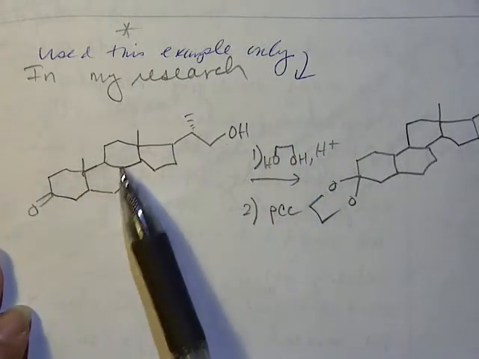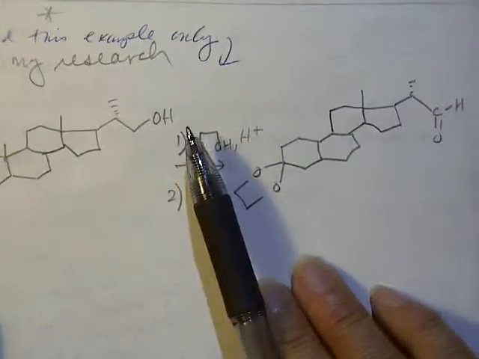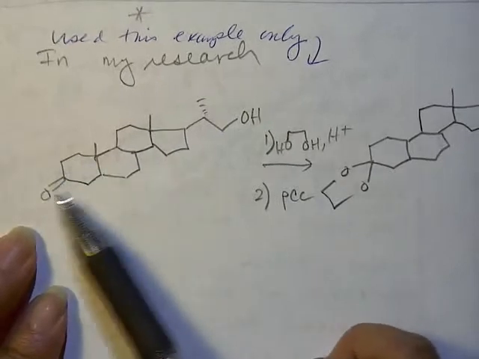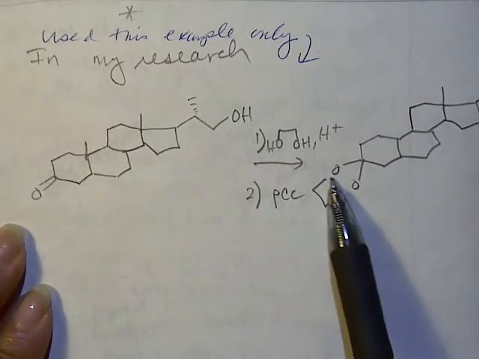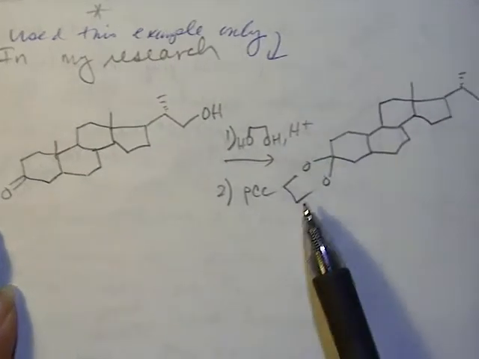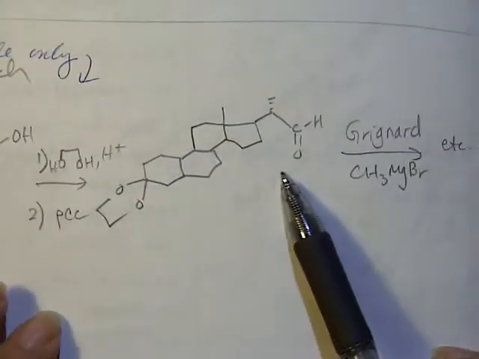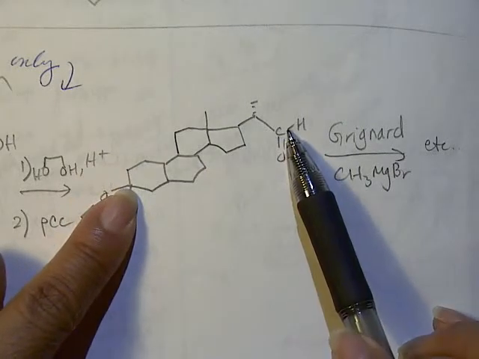This is a steroid, and I needed to do chemistry at this alcohol, but not do chemistry at this carbonyl. So first I protected it as an acetal group, and then I oxidized the alcohol to an aldehyde, and now I have a differentiation of this carbonyl versus this carbonyl, right?